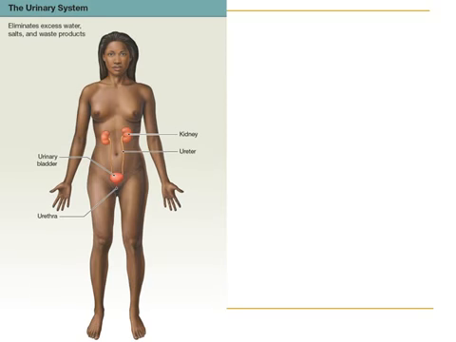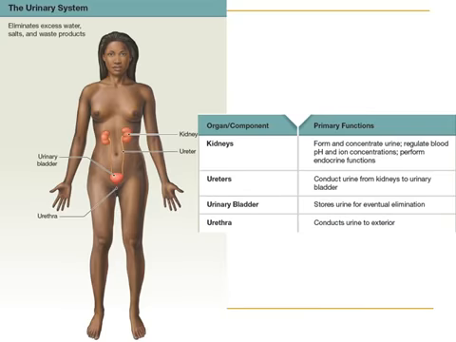The next one is the urinary system. The urinary system consists of the kidney, ureter, urinary bladder, and urethra. So all these organs compile to form the urinary system. The kidney, as a urinary organ, filters the blood and forms the urine, through which it regulates the blood pH and ionic concentration. And as I told, it has an endocrine function, as it produces erythropoietin.